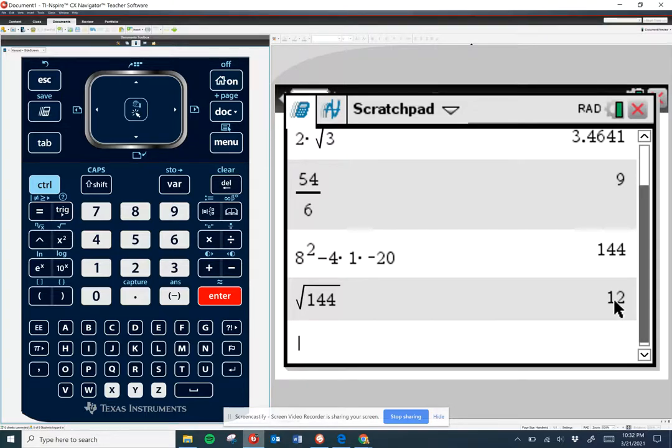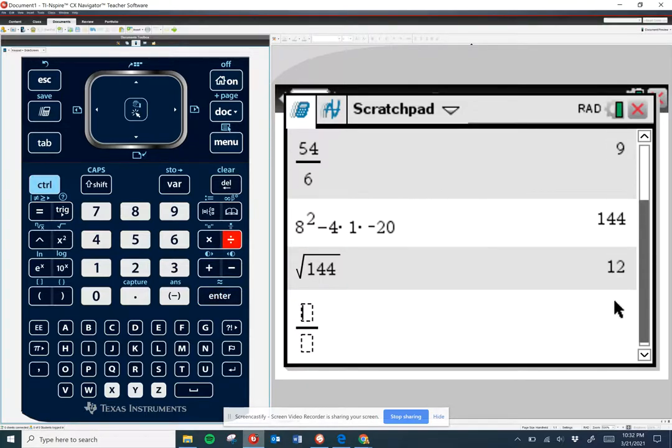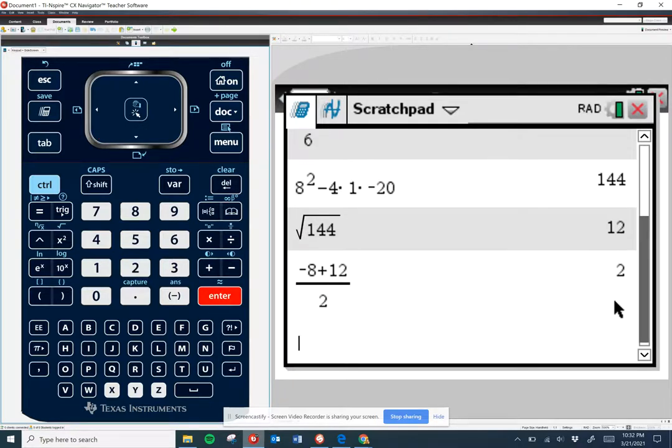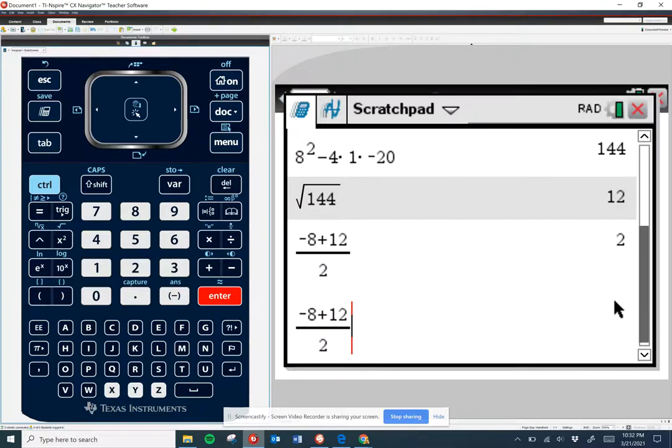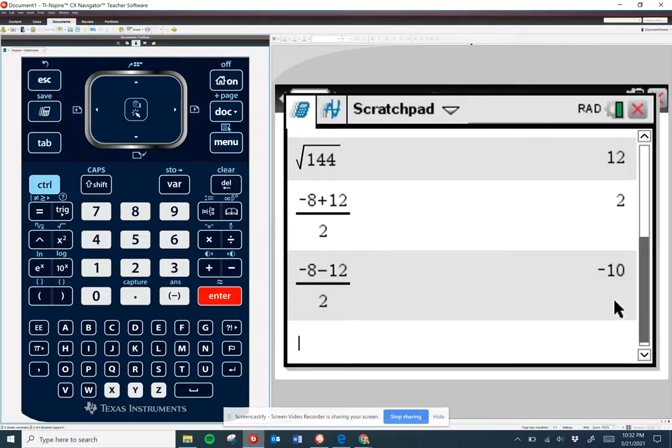Okay, in order to do a fraction, I'm going to hit Control Divide. I have negative 8 plus 12 divided by 2, and I can see that my first solution is 2. Now, if you arrow up and you press Enter after you highlight it in blue, you can just go back and change that to a minus, which keeps you from having to retype the whole thing, and we get negative 10.